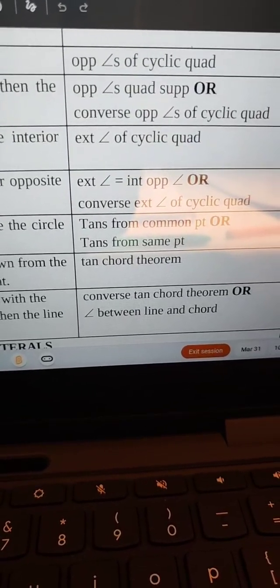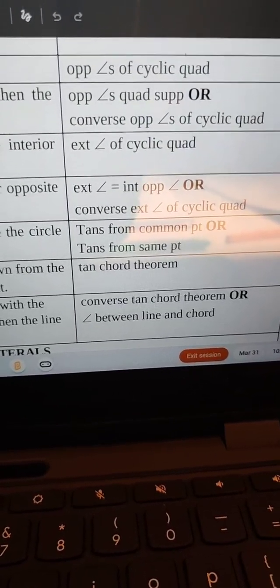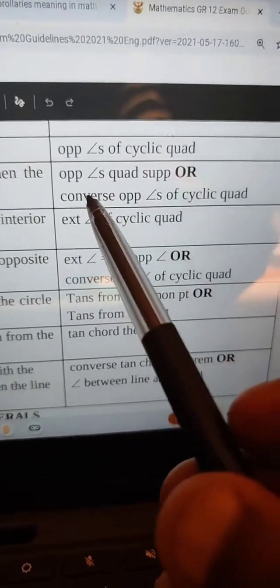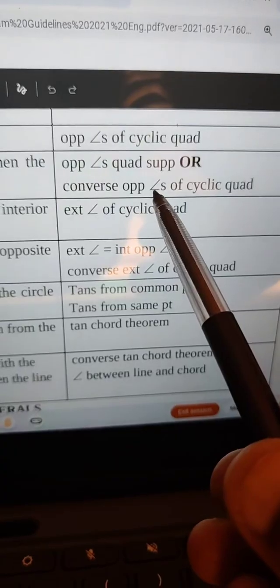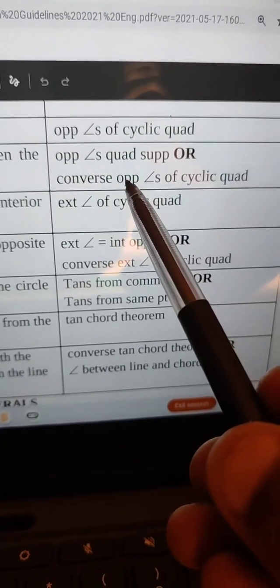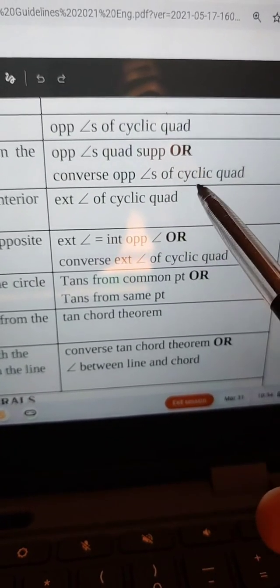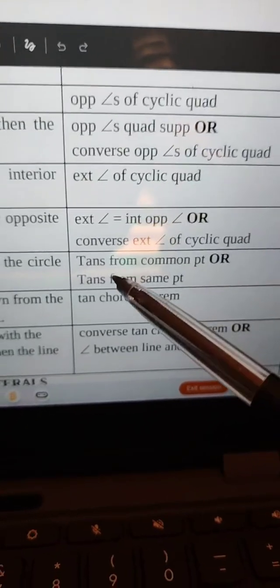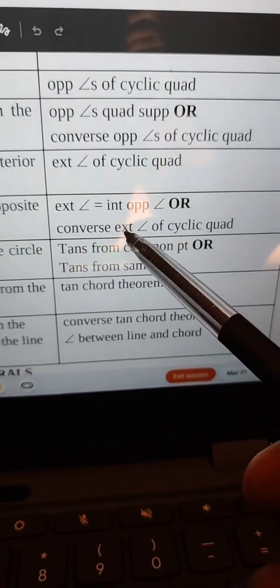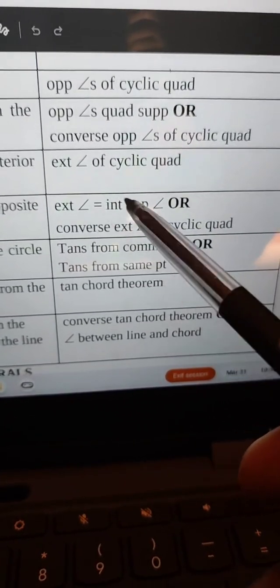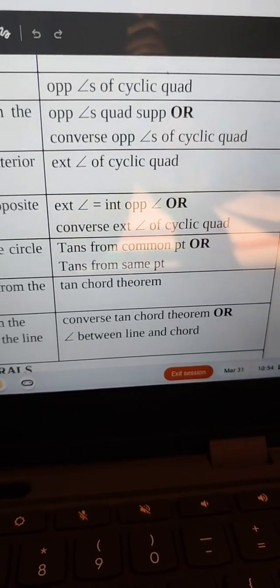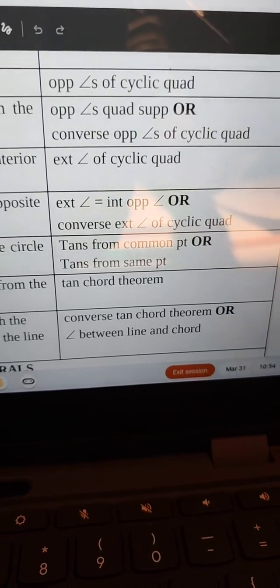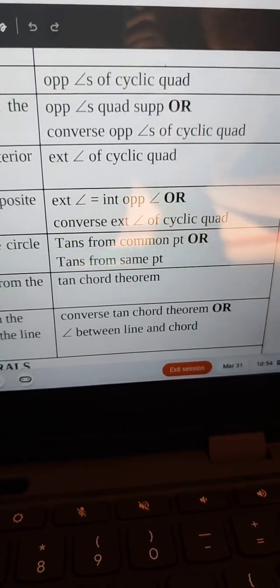Do you see now we are using this converse idea the second time? The first time, for the opposite angles of a quadrilateral, we could say converse op angles of cyclic quad. Now again, for the exterior angle, we can say converse exterior angle of cyclic quad. As long as we don't say exterior angle of cyclic quad.